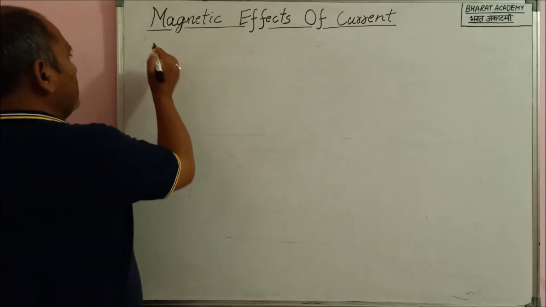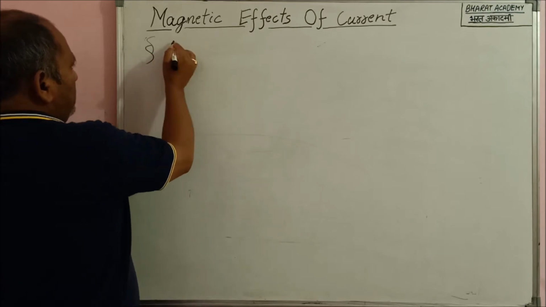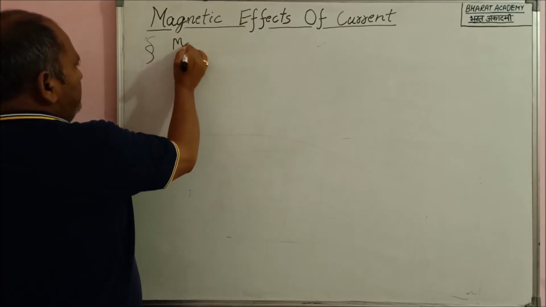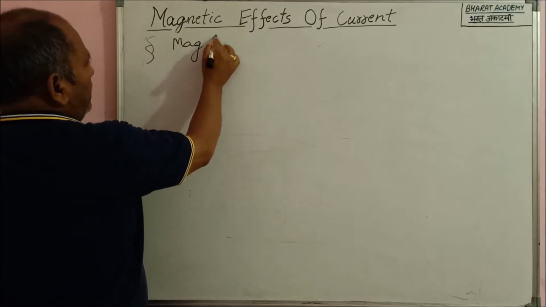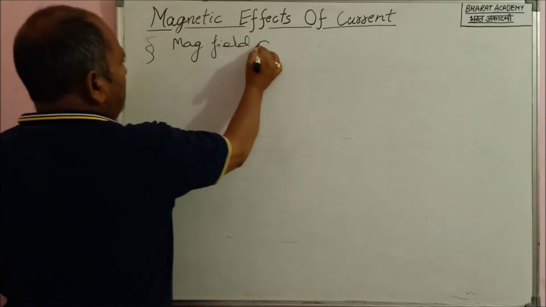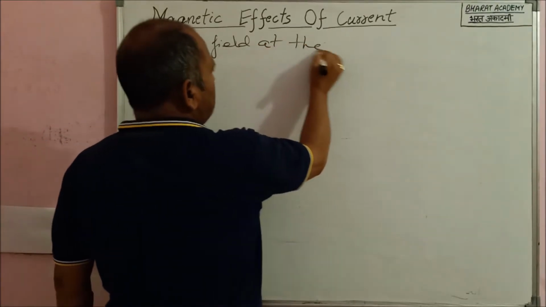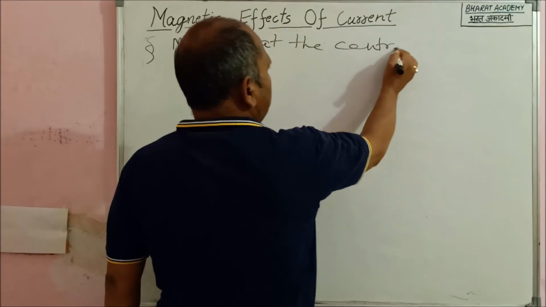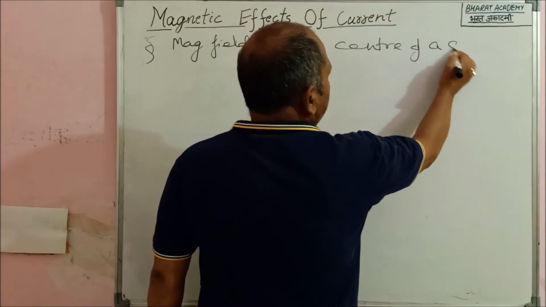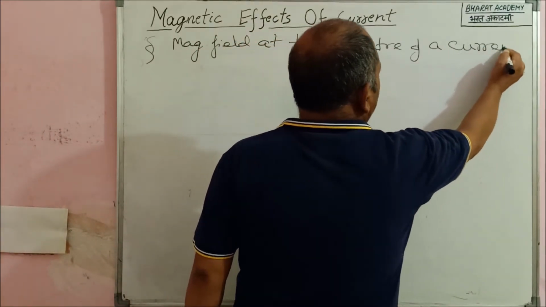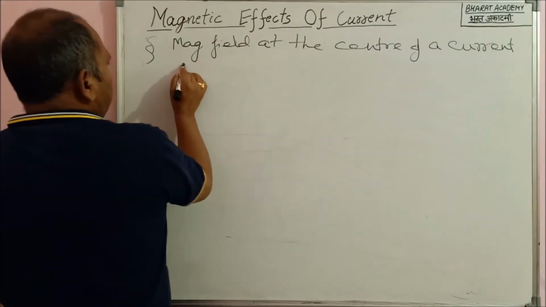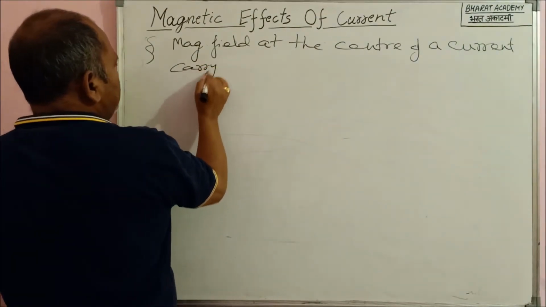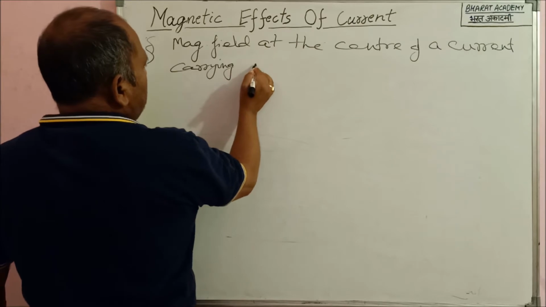Application of Biot-Savart law: magnetic field at the center of a current carrying circular loop.